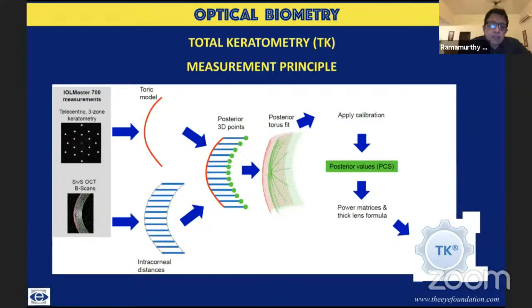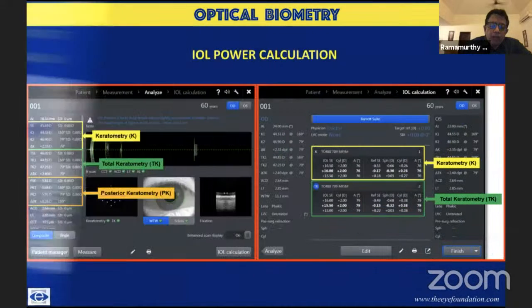Now with the IOL Master 700, because of the OCT principles, you are able to measure the anterior corneal curvature very precisely, and then get an idea of the corneal thickness, because of which you are able to arrive exactly at the posterior corneal curvature, and you get a posterior toric fit, which is incorporated in the formula that is available for the intraocular lens power calculation.